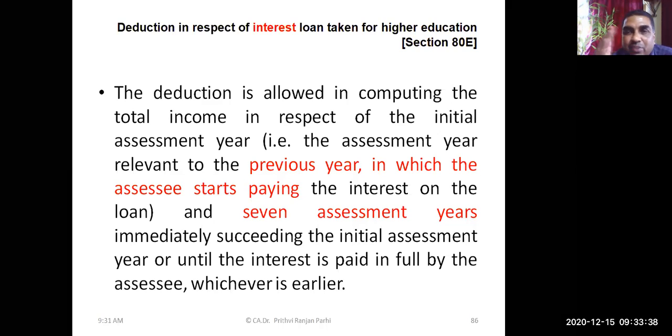So from the year when the assessee starts paying interest, that year and 7 assessment years immediately succeeding the initial year, or until the interest is paid in full by the assessee, whichever is earlier.